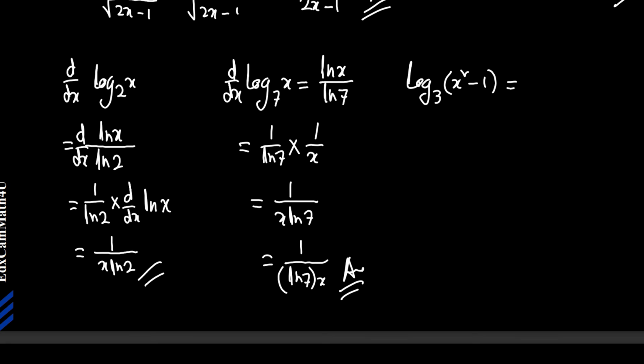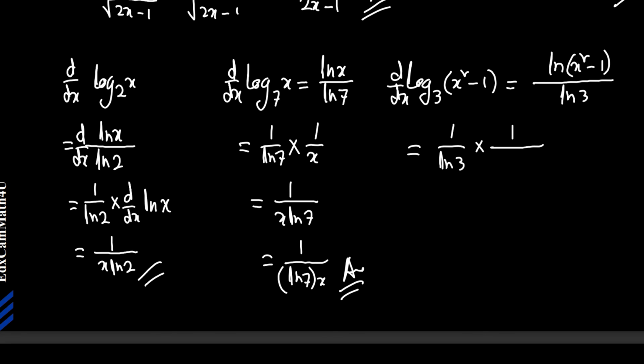In the same way, we need to change the logarithm. Ln is also a logarithm, an exponential based logarithm, ln of x squared minus 1, and below we write ln 3. So for the differentiation, 1 by ln 3 acts as a constant, then we differentiate ln of x squared minus 1.